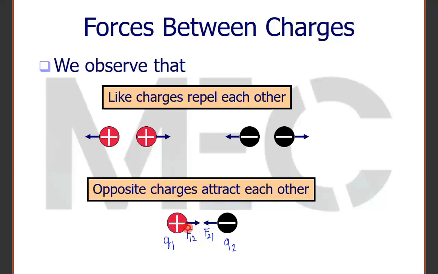They are of the same magnitude and opposite in direction. We don't care whether Q1 and Q2 are the same. Whatever Q1 and Q2 are, F12 and F21 have the same magnitude. The same case holds for repulsion. So these forces have the same magnitude, no matter if these charges are the same or not.